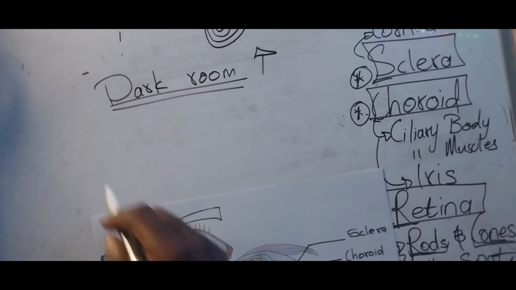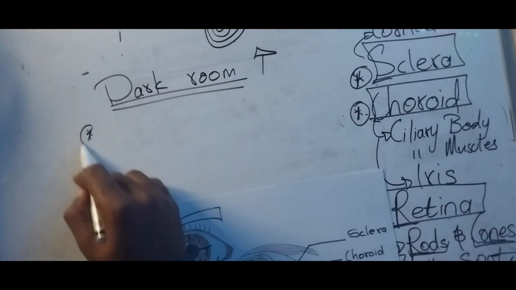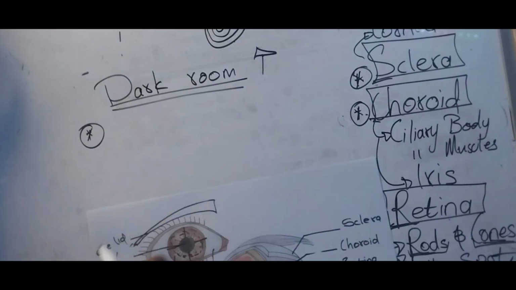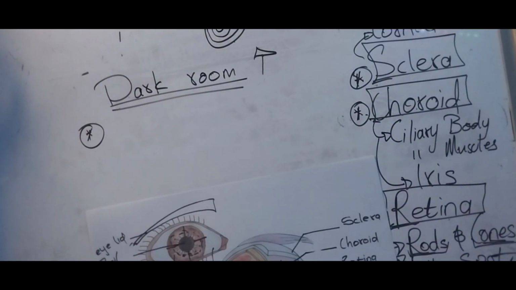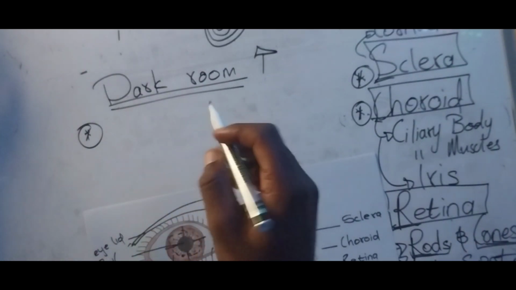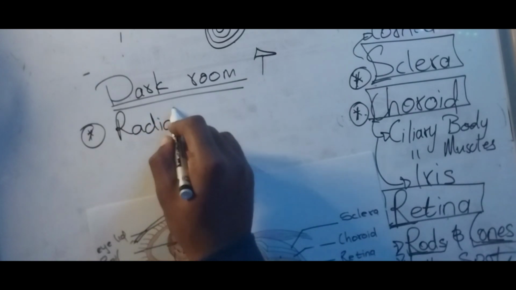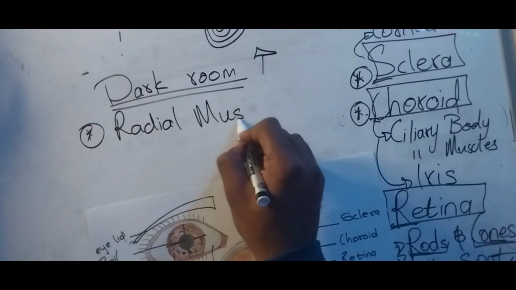Okay, so when the pupil size is going to increase, how does that happen? All right, we are going to talk about the muscles. Okay? The first is the circular muscles and the radial muscle. So the first thing that you're going to tell is that the radial muscle is going to contract.